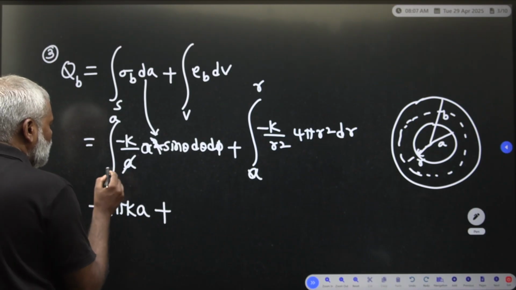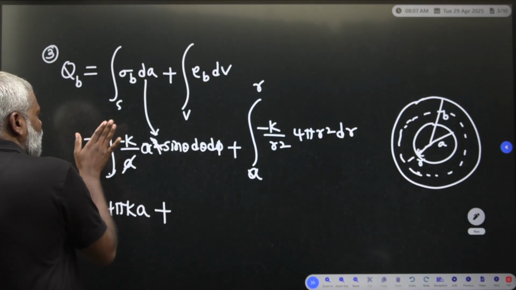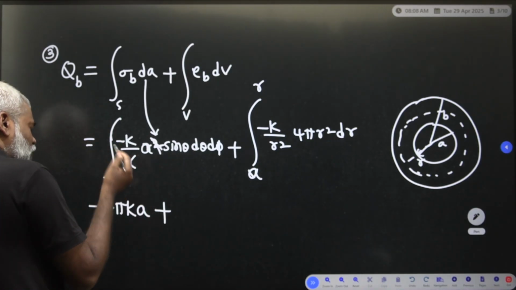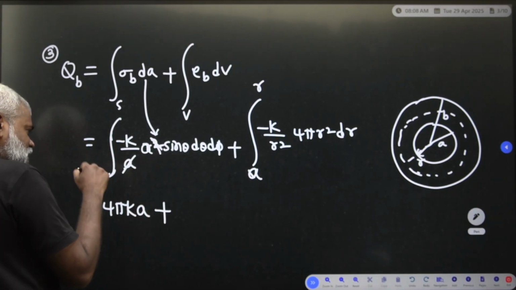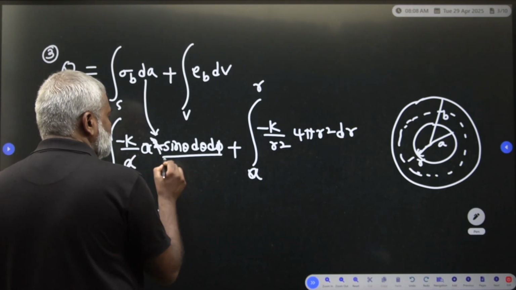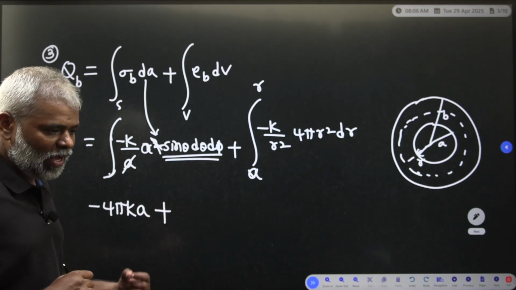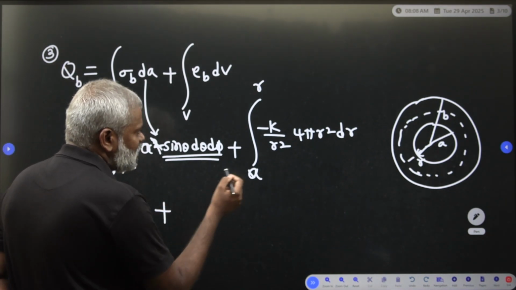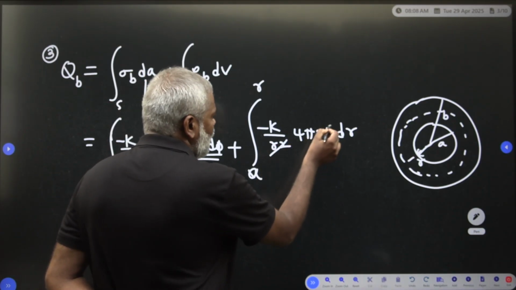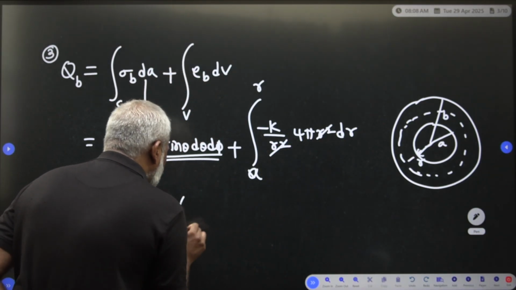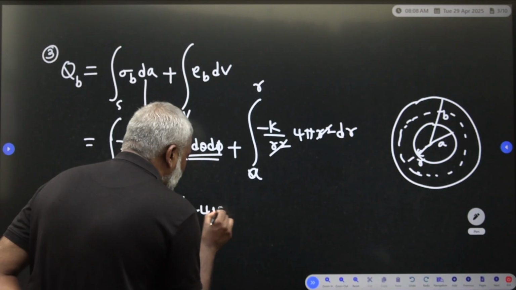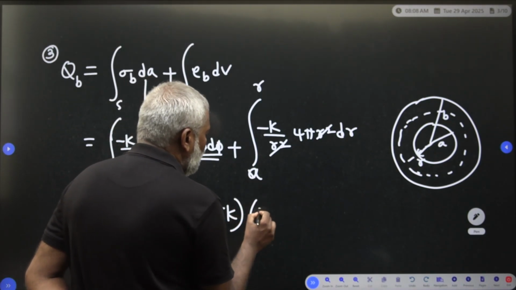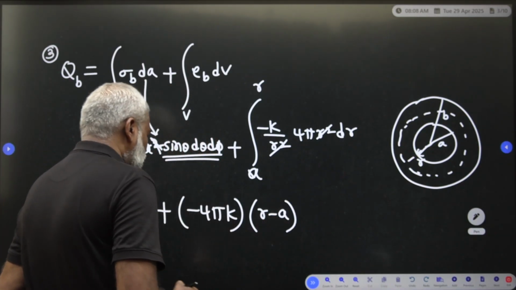So those are the integrals. The integral of sin theta d theta from 0 to pi and the integral of d phi from 0 to 2 pi give 4 pi k a. Minus 4 pi r square gets cancelled. You get minus 4 pi k into (r minus a).